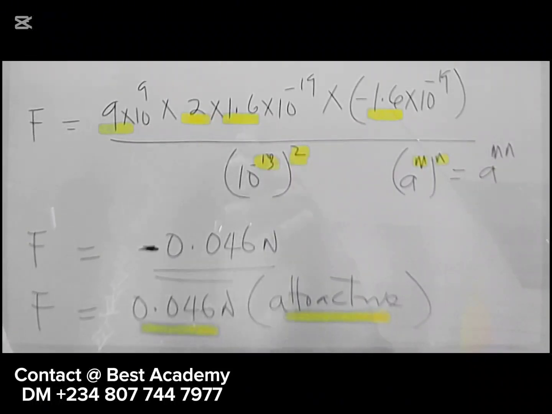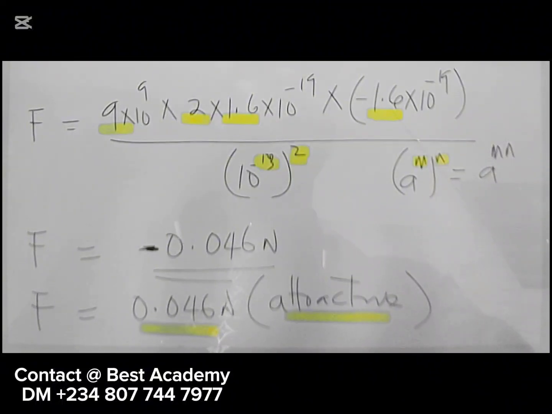So why is it minus? Why is it attractive? When is a force attractive, and when is it repulsive? The nature of the force is always determined from the charge.